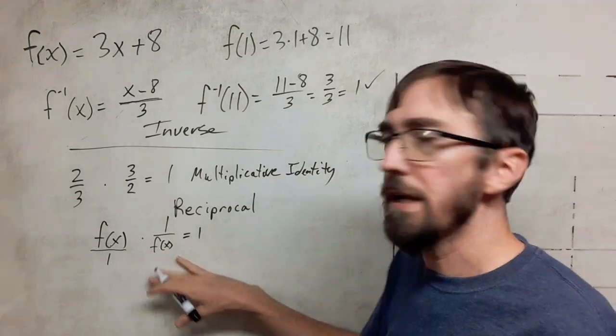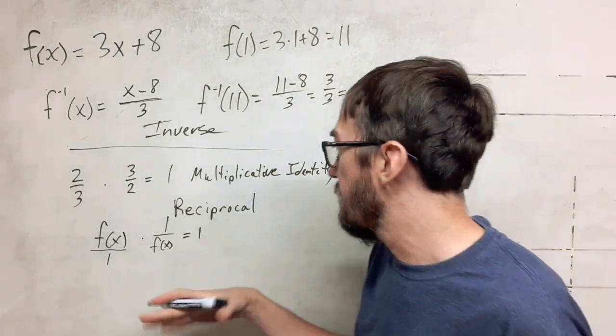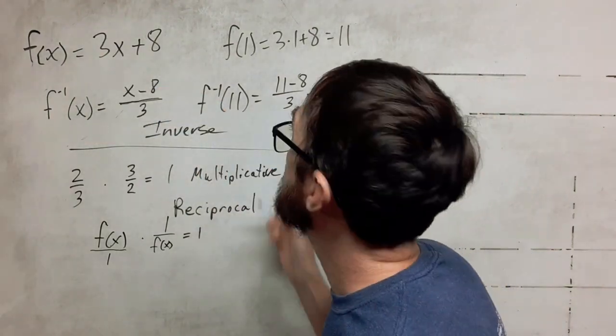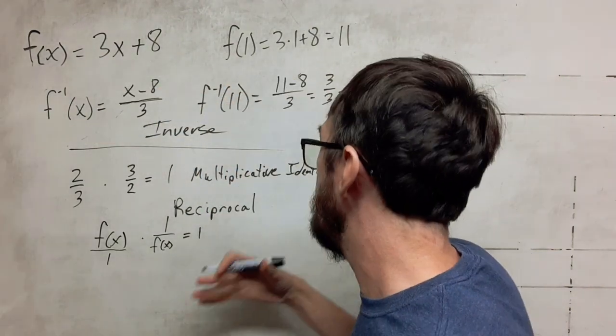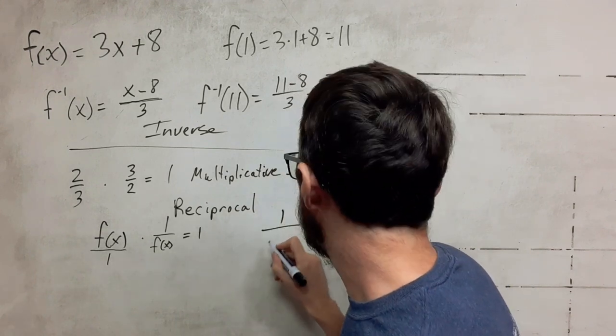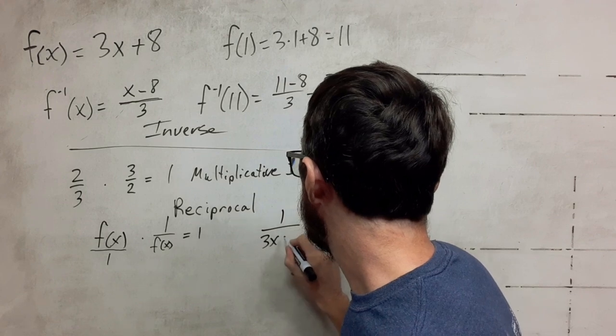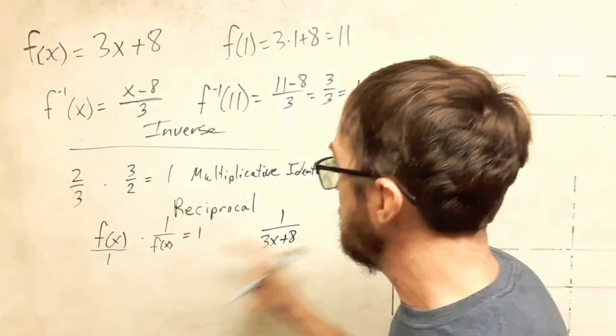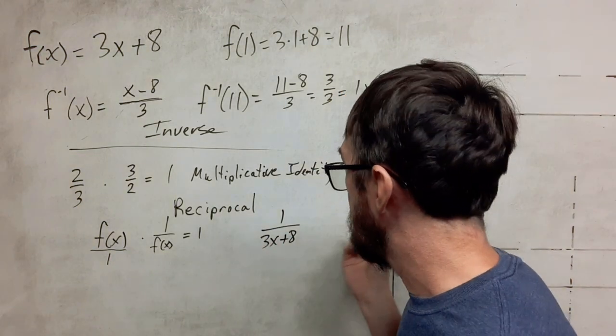So how do I create this type of thing, whatever it is? Well, I can just simply take whatever this was and put it in the denominator. So I can call this 1 over 3x plus 8. And then I'm going to have to designate this as some kind of thing.